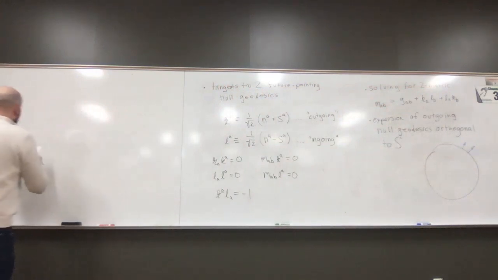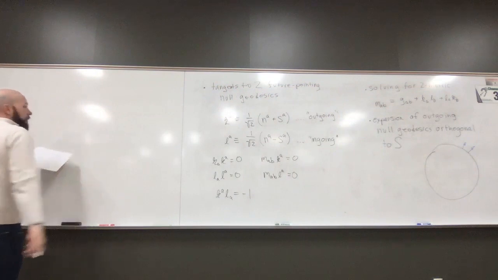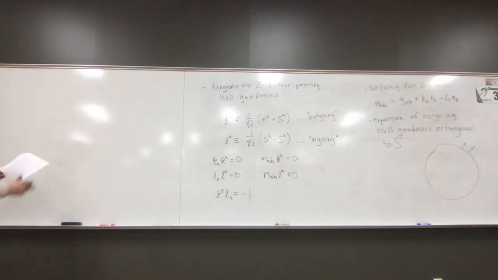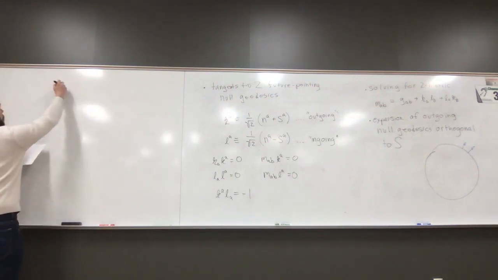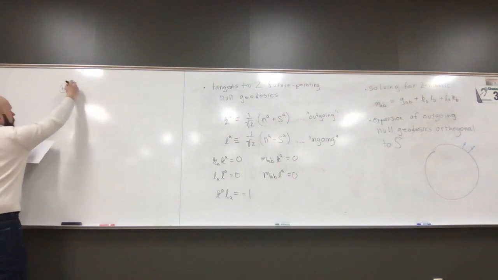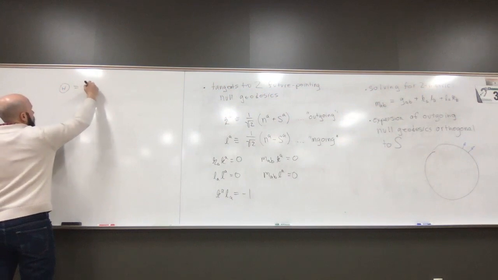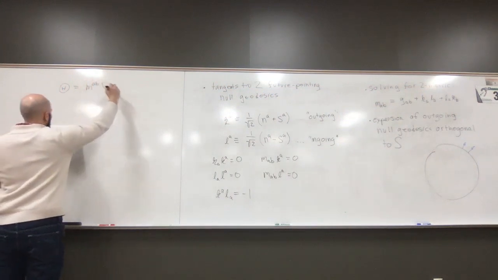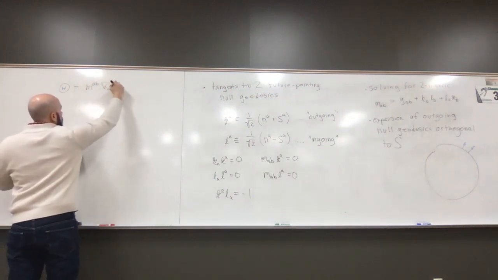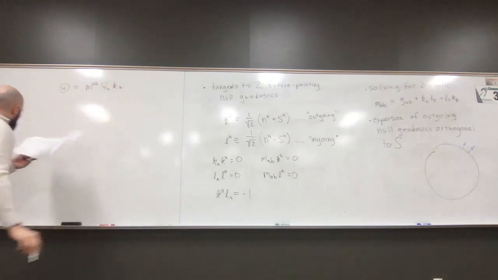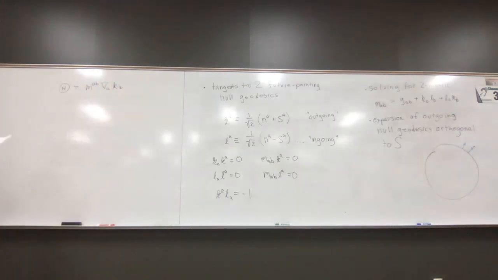Okay. All right. So now, that expansion of these null geodesics, I'm going to call capital theta, which I always think looks like a football. And that's going to be M^AB grad_A K_B.